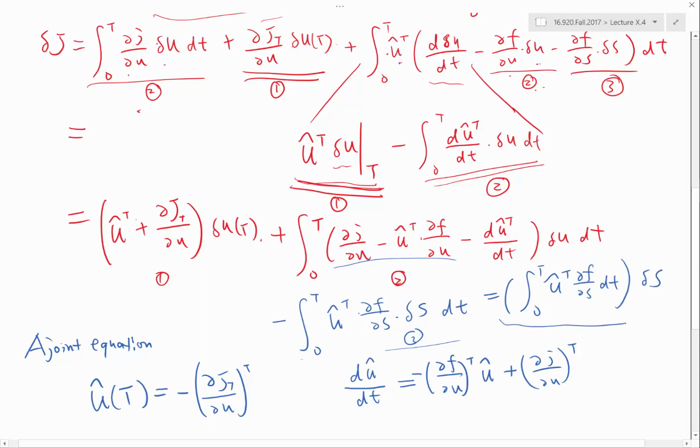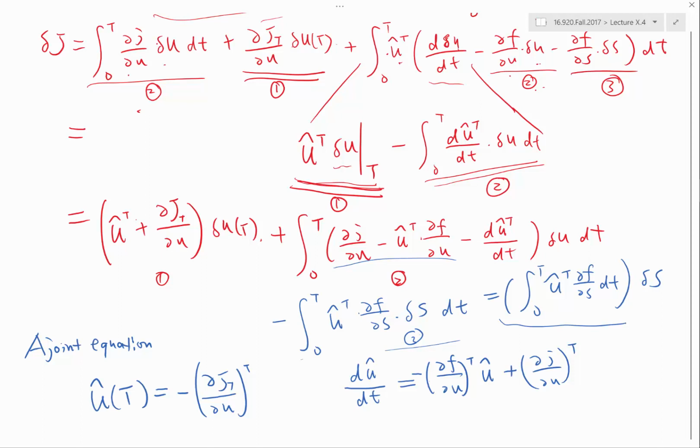So the integral of the adjoint solution times df/ds is going to be the gradient of the objective function with respect to s. All right. So any questions on this? This is the first time we go to differential equations in adjoint. Now it's clearer than the algebraic case.